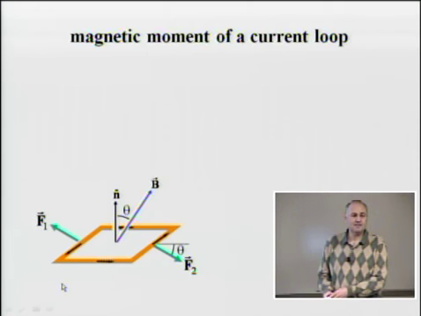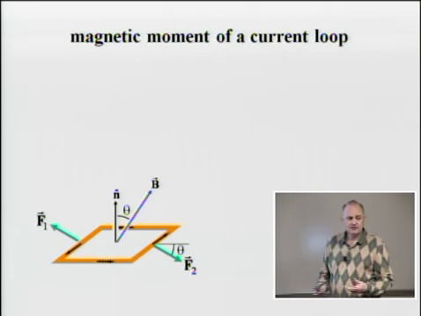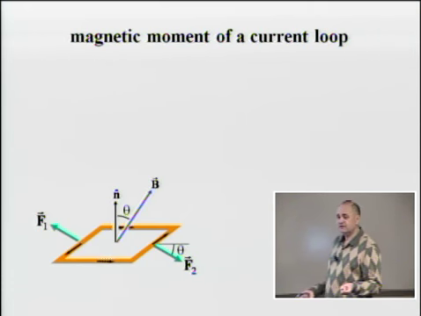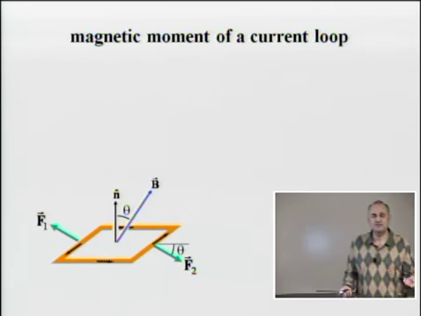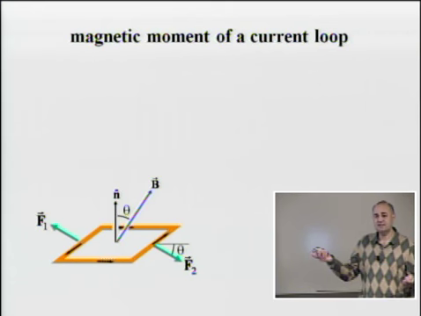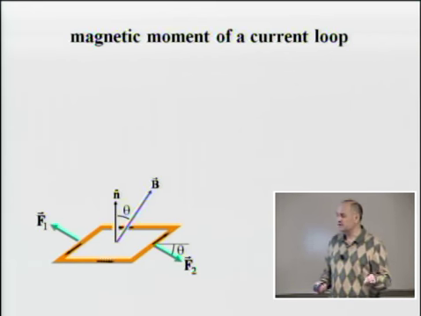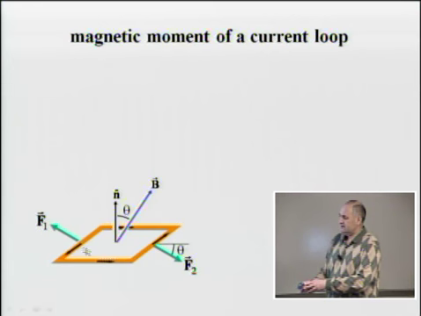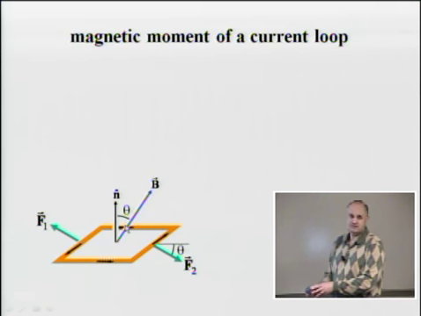The two vectors are parallel to each other. Therefore, the torque is going to be 0. Recall that torque is equal to the product of the position where the force is applied, the position of the center of the force, multiplied by the force. So the torque exerted on this piece is 0. Well, we can figure out that the torque exerted on the other one is also 0.